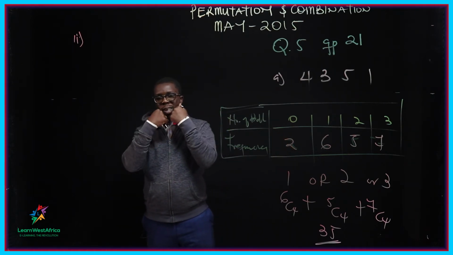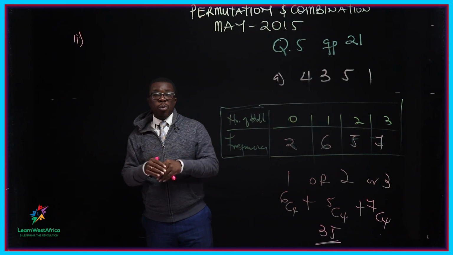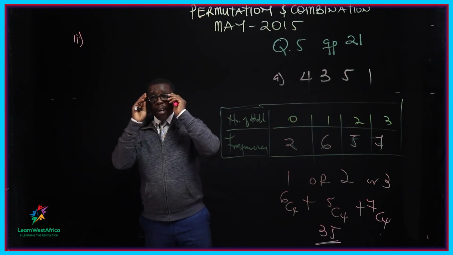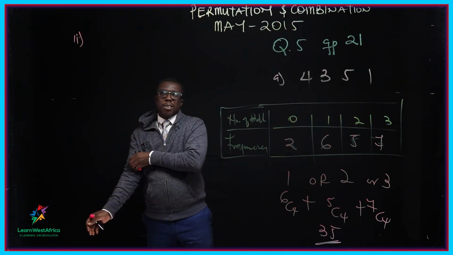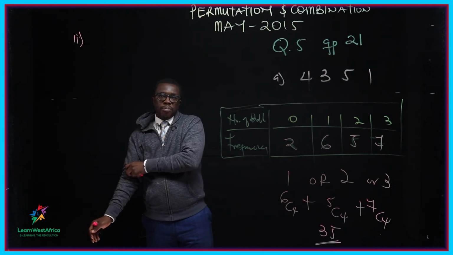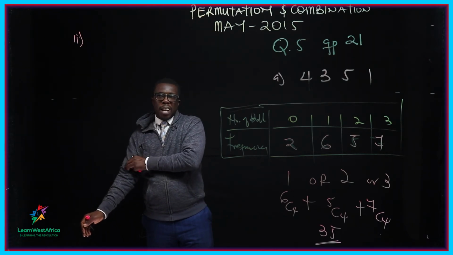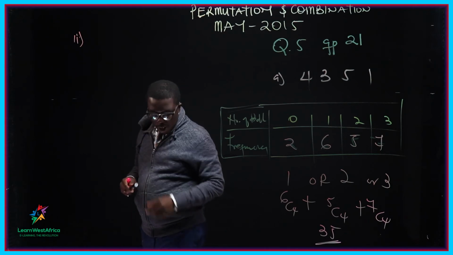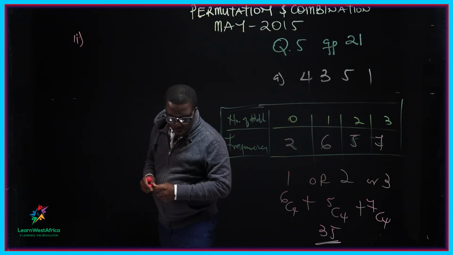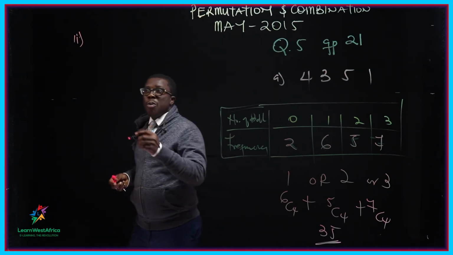Permutation and combination is basically a very logical subject. How can we have this done? Now we'll try and see our construction and see what happens there.